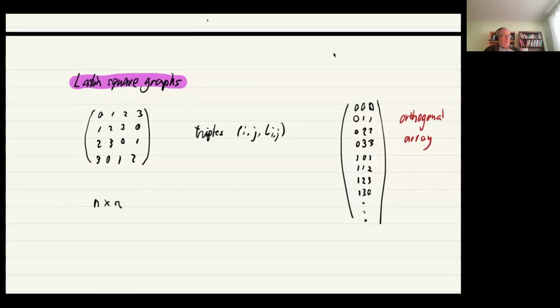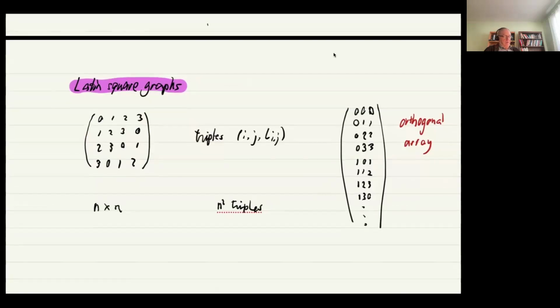I can define adjacency in 2 ways. But from the Latin square, I get a collection of n squared triples. I take the row, the column, and the entry. The entries of the triples are coming from 0 through n.